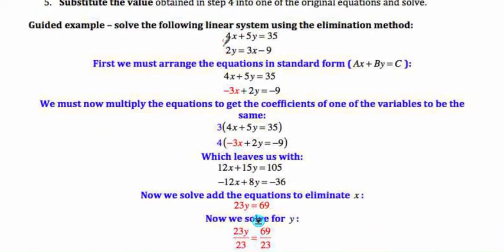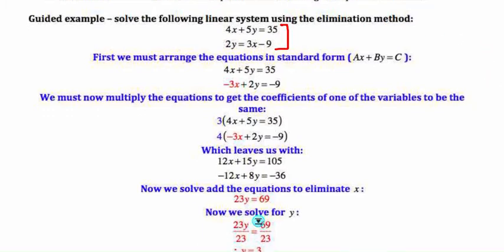We're going to solve the following given system. Our first step: as you can see, we have ax plus by equals c, but our second given equation is not in standard form. The x's and the y's and the equal signs are not lining up, and for this method that is of importance.